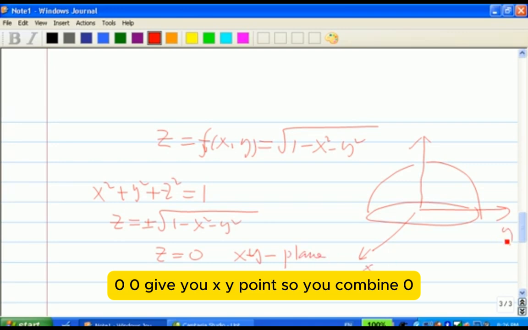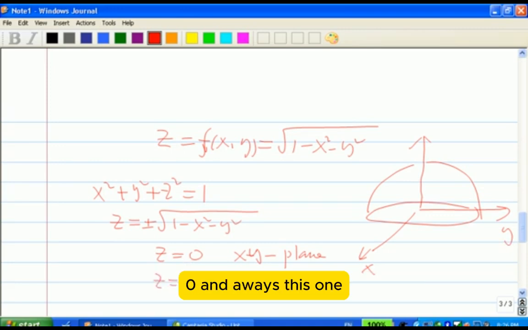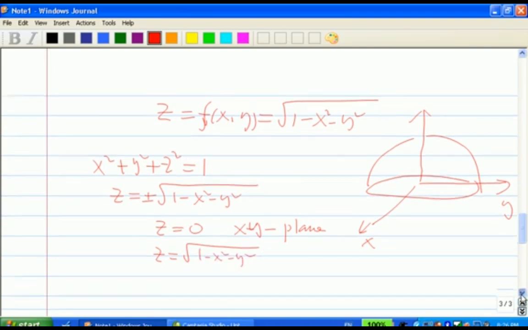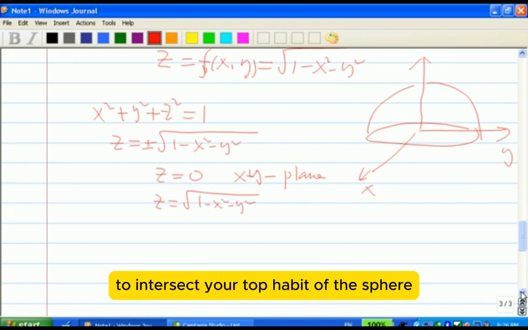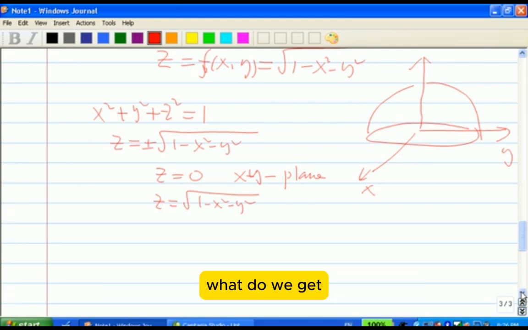So you combine z equal to 0 with this one. What does this mean? That means you use z equal to 0, which is a plane, to intersect your top half of the sphere. What do we get?